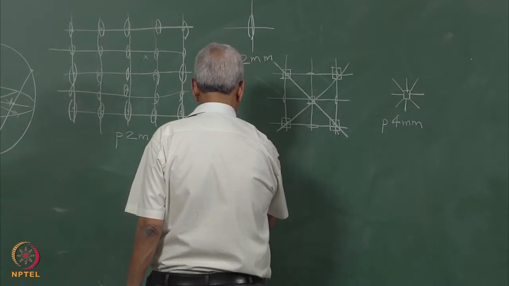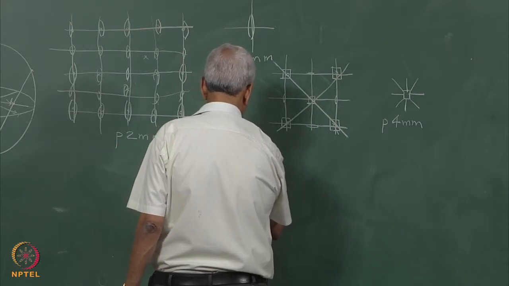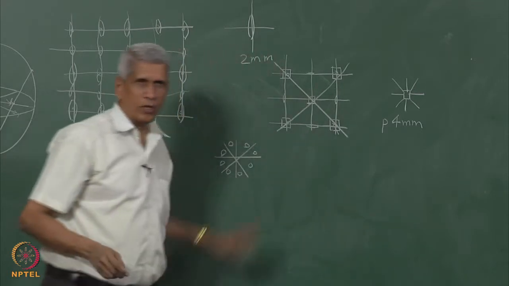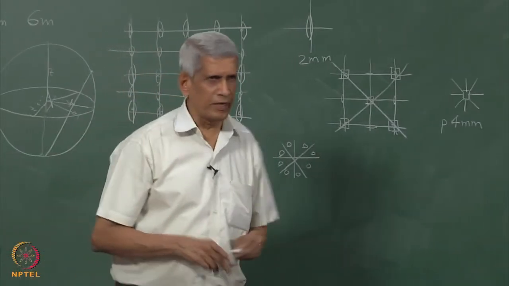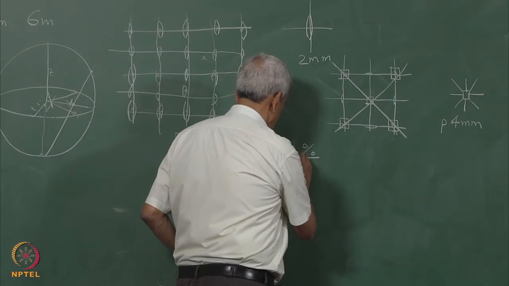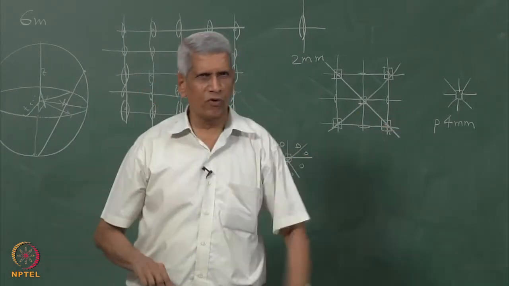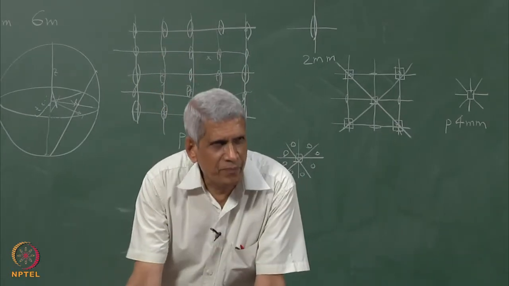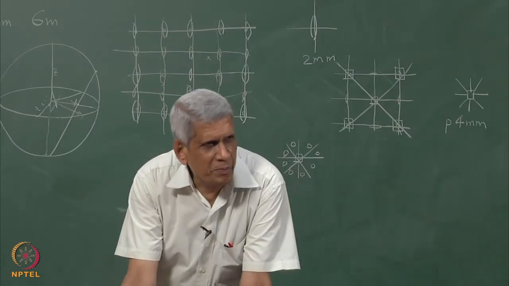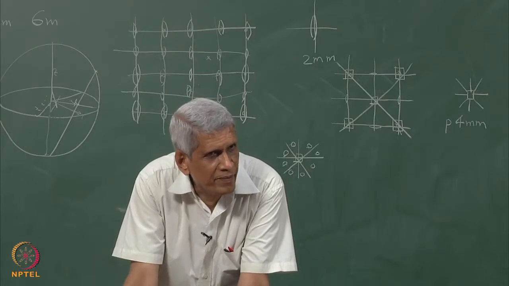That means that just to represent one of the points, that is anywhere if I put it for a 4 mm symmetry, around this there should be 8 equivalent points, then only the 4 mm symmetry will be satisfied. This you assume it represents an asymmetric motif. Okay. Is it clear? Okay.